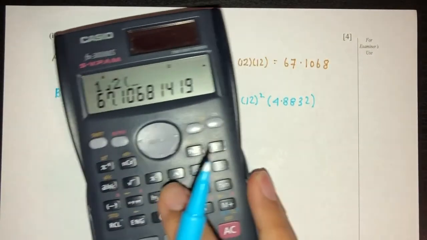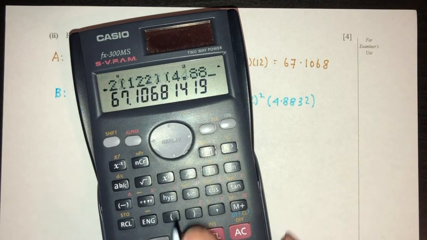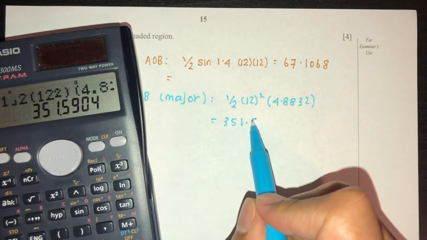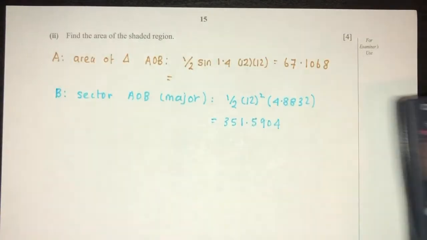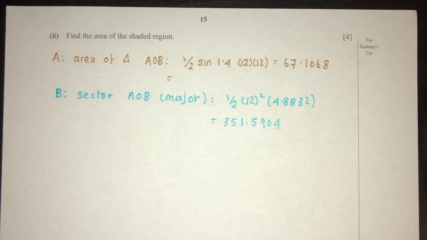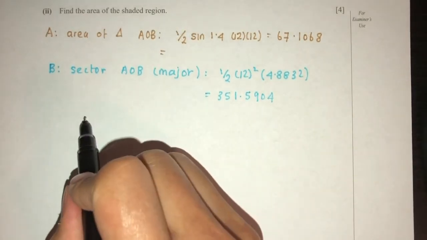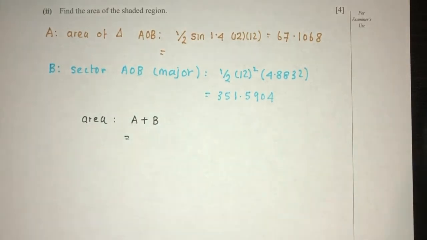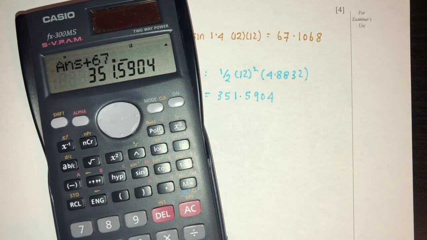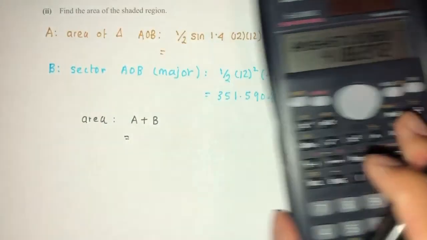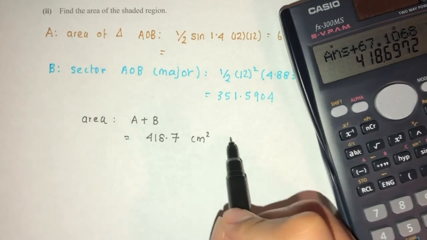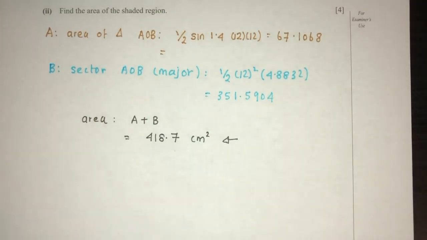Half times 12 squared times 4.8832 will be 351.5904. To find the area, we just have to add A and B. 351.5904 plus 67.1068 will be 418.7 centimeters squared. And that is your area of the region. And this is your question number 10.